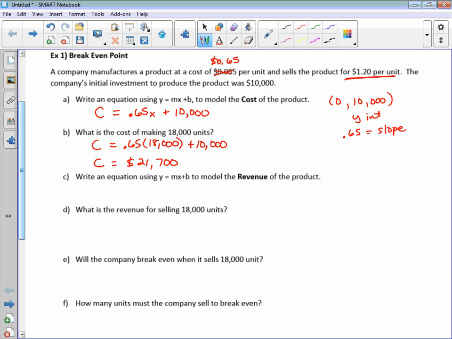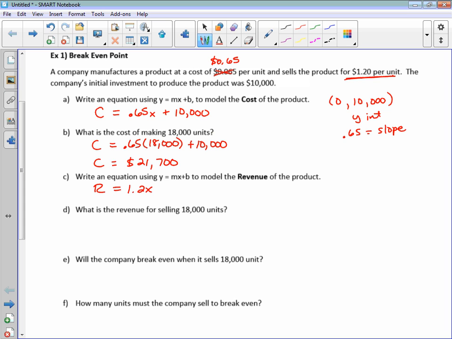Okay, so then we're going to write another equation to model the revenue. So we're going to have revenue equals, we know we sell them for $1.20 per unit. What do you think that $1.20 is? Yeah, that's your slope, okay? So we have 1.2x. With our cost, we also had this initial investment of 10,000.